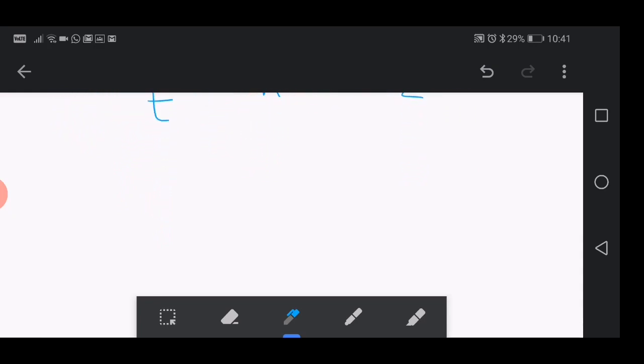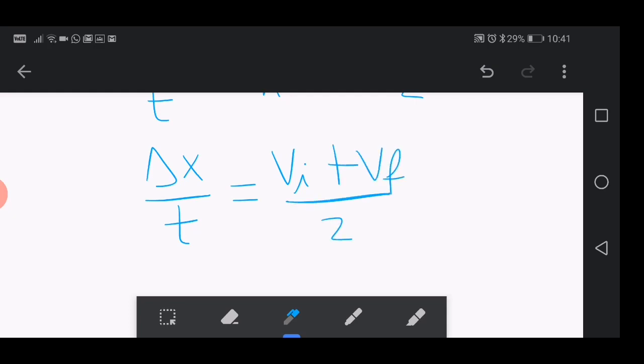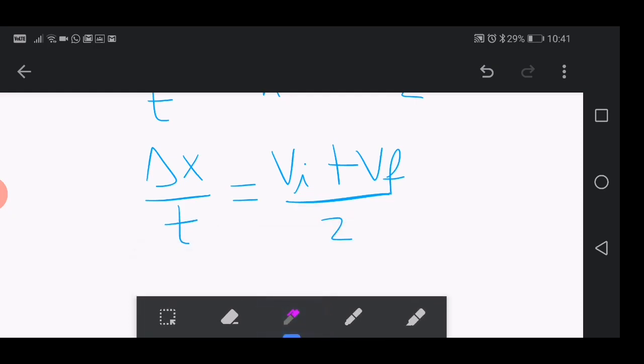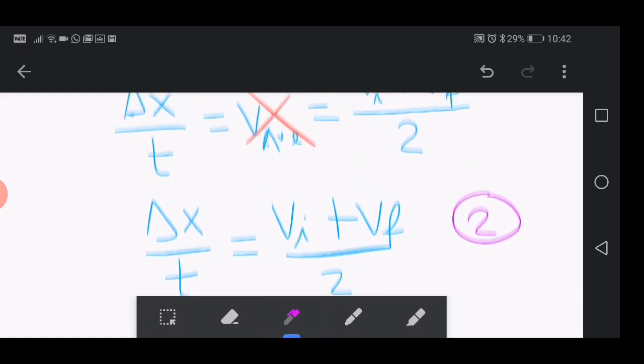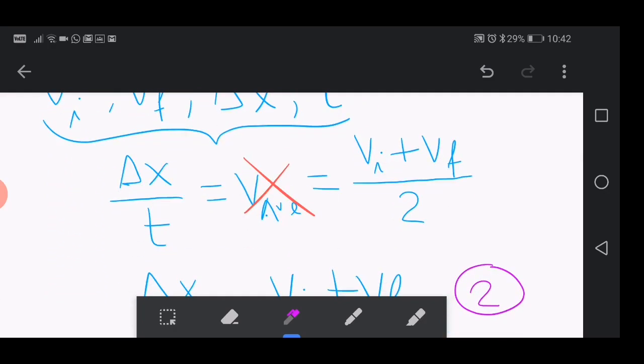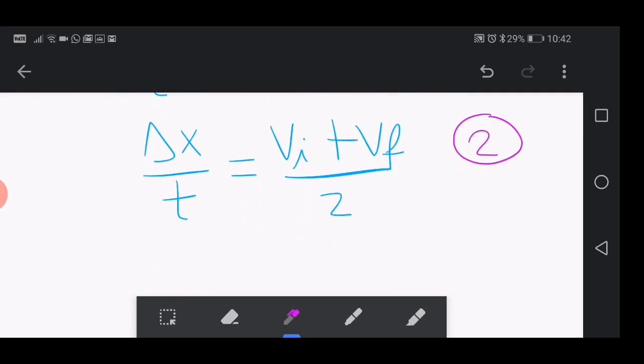Then what you will end up with is that the displacement divided by the time is equal to the initial velocity plus the final velocity divided by 2. And here goes another equation that we are going to call very friendly number 2. So we have this as your equation 1, and this is your equation 2.